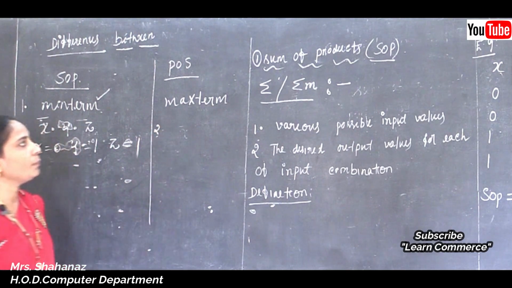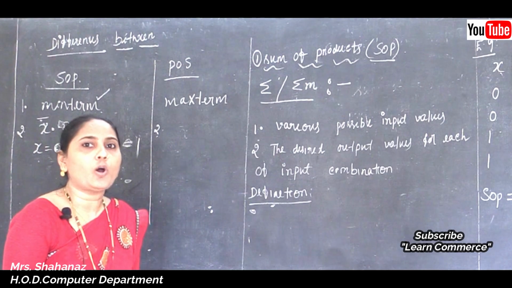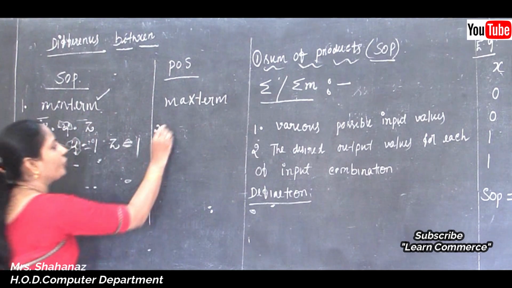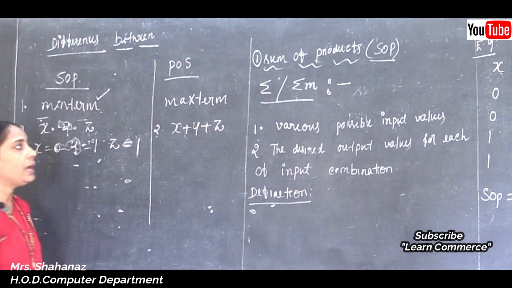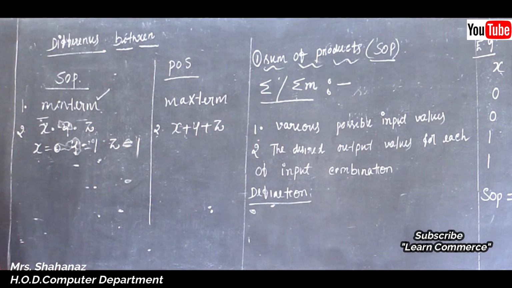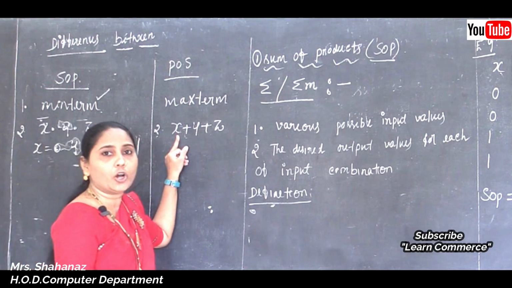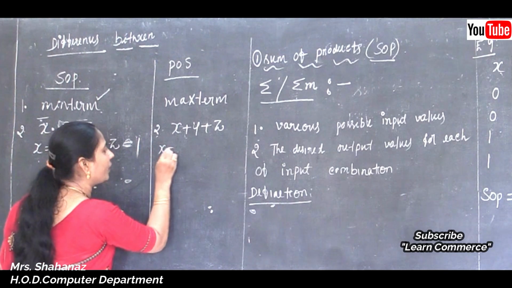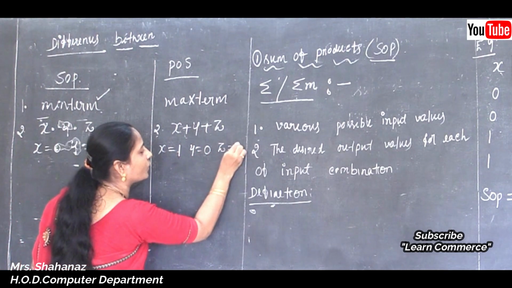Now the max term. What do you mean by a max term? The max term is a sum of all the literals, with or without the bar, within the logic system. For example, x plus y plus z. Say x is equal to 1, y is equal to 0, z is equal to 0.